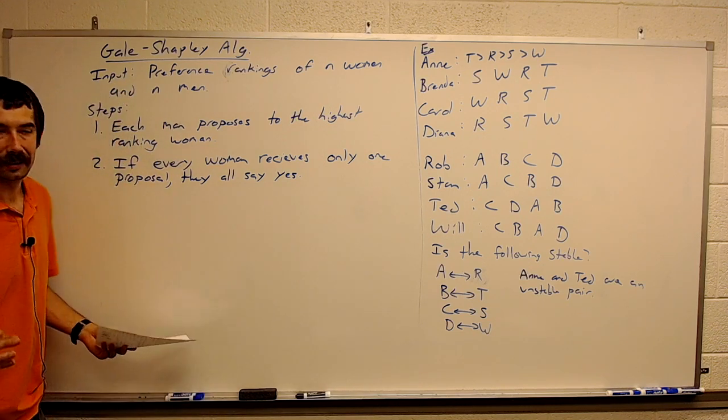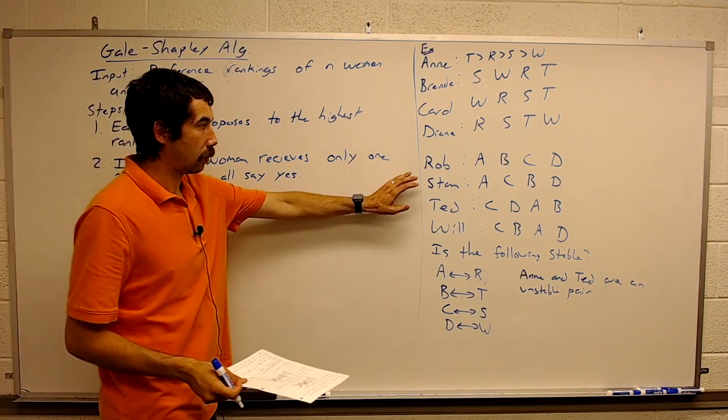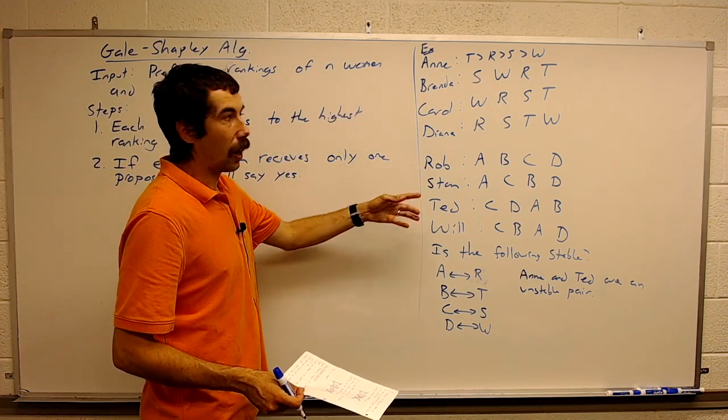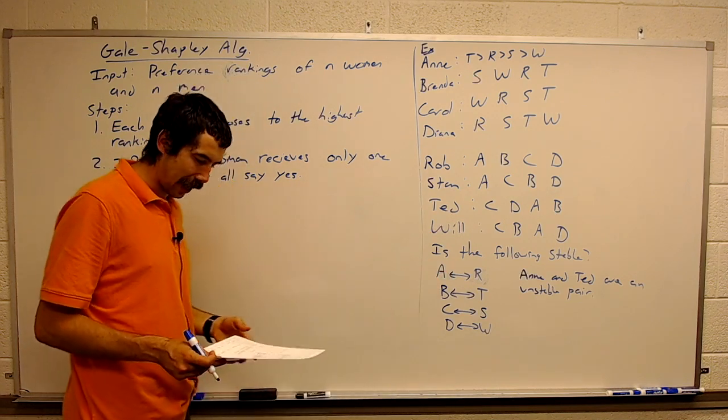Okay, it's as simple as that. But as we've seen here, with the men proposing to the women, Anne would get 2 proposals, Carol would get 2 proposals. So what happens in that case?